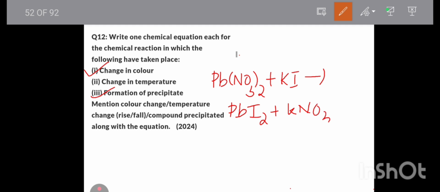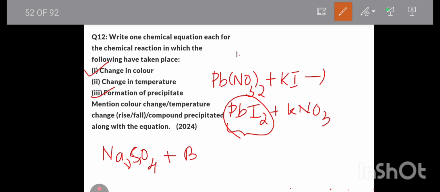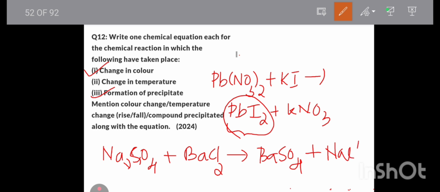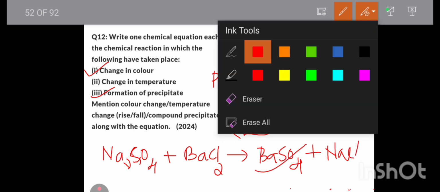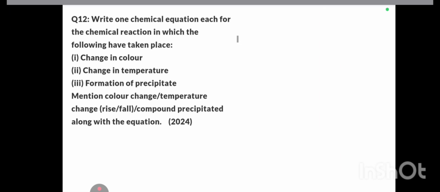A yellow precipitate is formed due to lead iodide. Next, Na2SO4, sodium sulfate, reacts with barium chloride BaCl2 to form barium sulfate, a white colored precipitate, plus sodium chloride. This is also a precipitation reaction. Hope this question is clear to you. Let's move on to the next question.